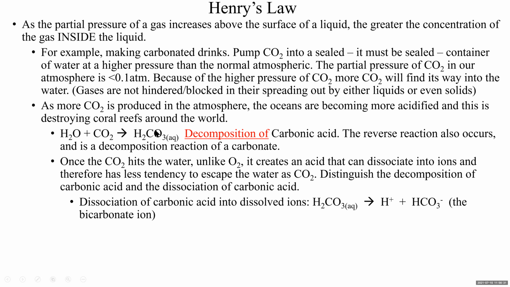Remember, the interaction of carbonic acid, between its various decompositions or dissociations, is all equilibrium based. It's all reversible. So the more CO2 you put into water, the more carbonic acid you get. The more carbonic acid you get, the more of that acid will dissociate in the water. Instead of decomposing to produce CO2 and leave, the equilibrium shifts toward producing more acid, more protons, more hydrogen ions in the water.